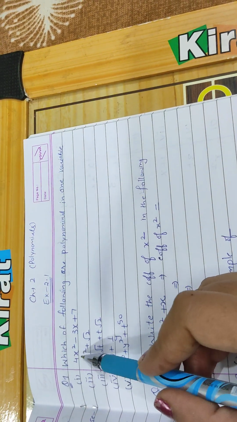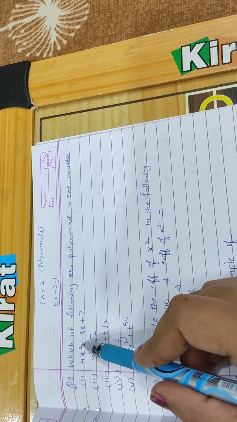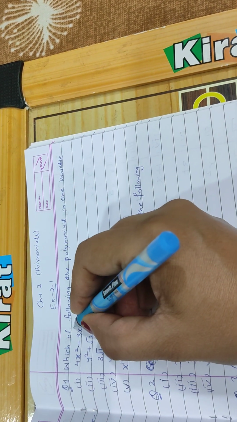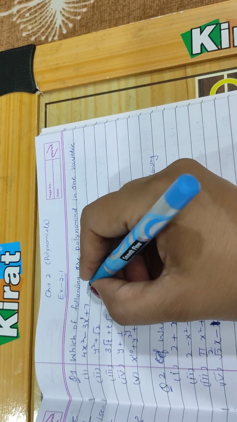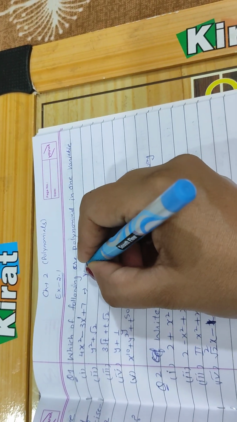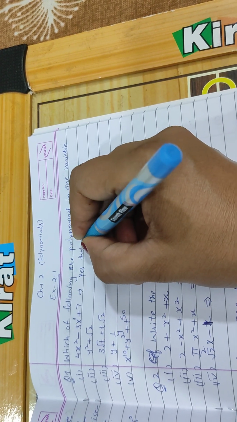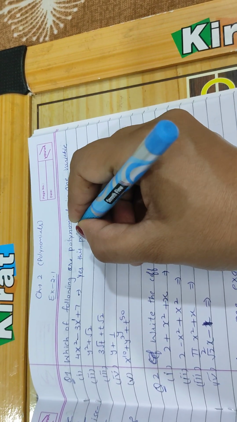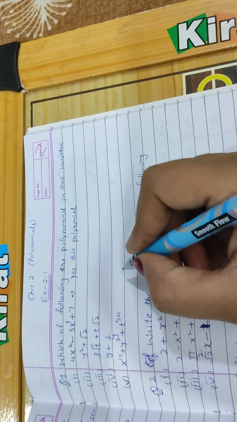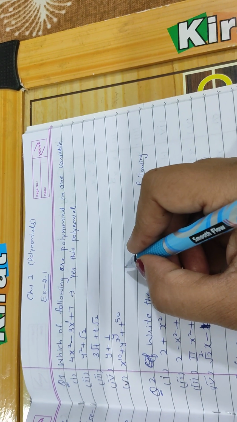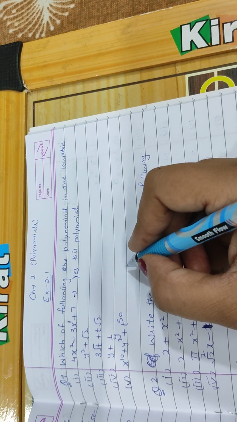So in the first one, the powers are x square and 1, and so this is a polynomial. Yes, this is a polynomial because its power is a whole number.